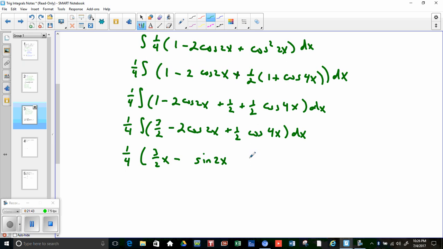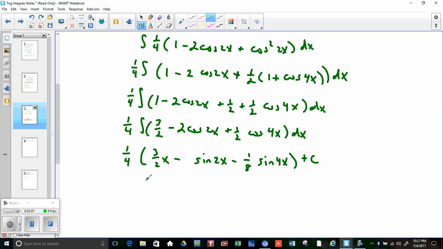Antiderivative of cosine is going to be sine, so it'll be sine 4x. Reciprocal of 4 is going to go out front, which is 1/4, so 1/4 times 1/2 is 1/8, plus c. So the last thing I'm going to do is distribute the 1/4, and we will be done.